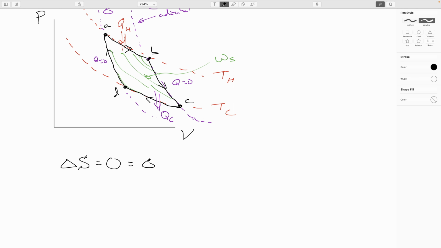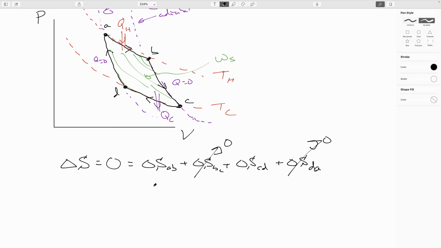But that's going to equal the change in entropy going from A to B, the change in entropy going from B to C, the change in entropy going from C to D, and finally the change in entropy going from D back to A. Now, B to C and D to A are both adiabats, and we saw that for an adiabatic process, the entropy does not change.